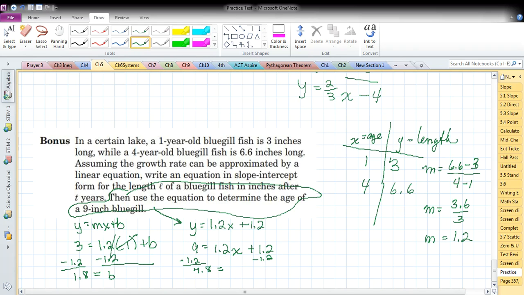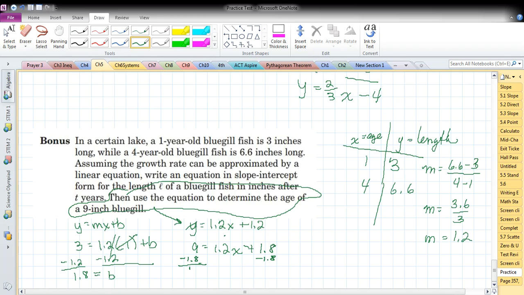I wrote that wrong. I'm so sorry. That is not 1.2. That is supposed to be 1.8. I put the m in for the b. So let me change that. So this is 1.8. So I'm going to subtract 1.8 from both sides.